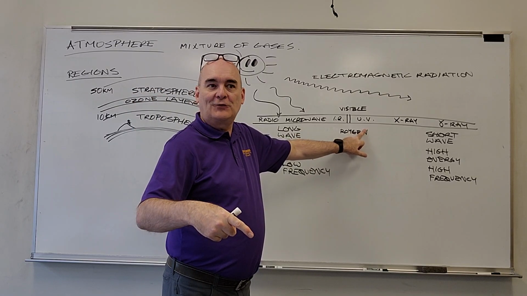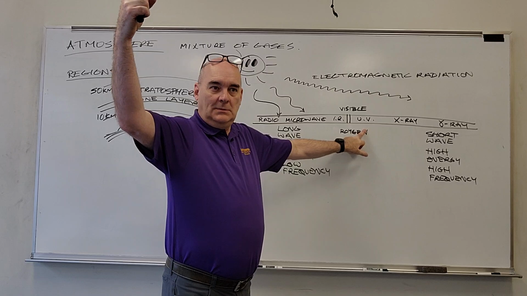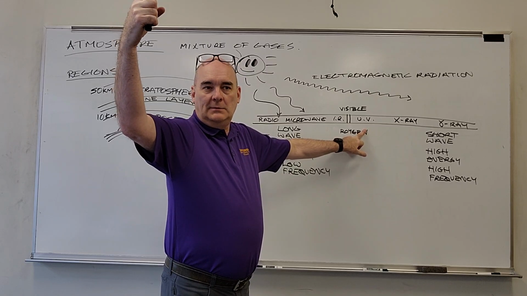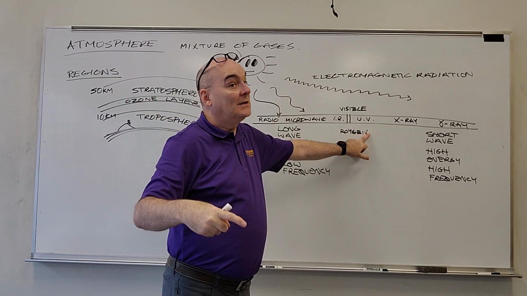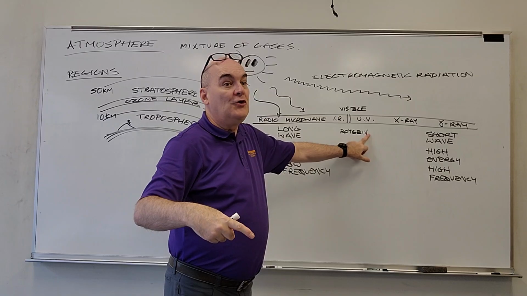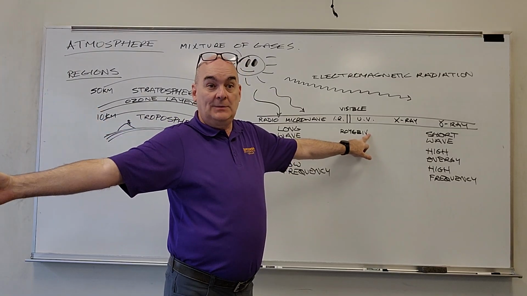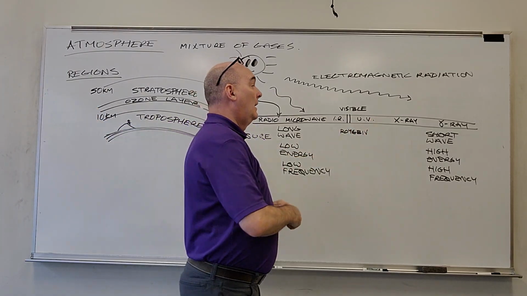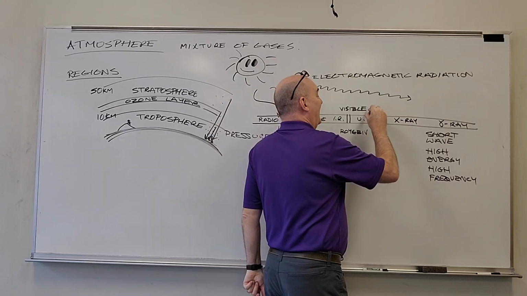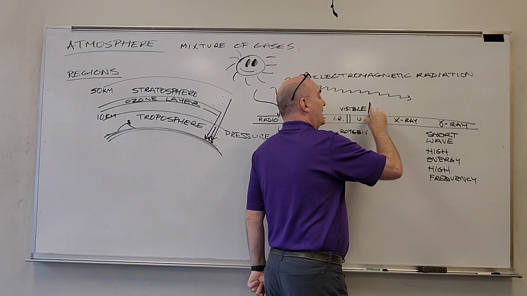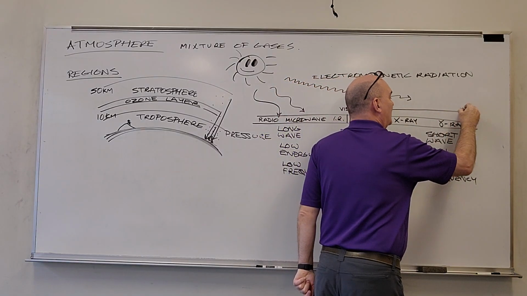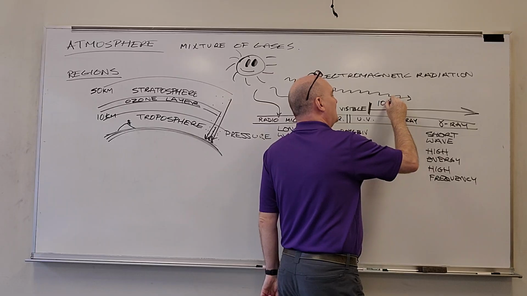It can take an electron and boot it to a high energy. It can take an electron and knock it off the atom altogether, which means everything here is now dangerous.